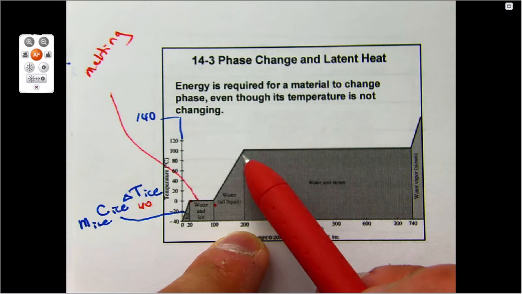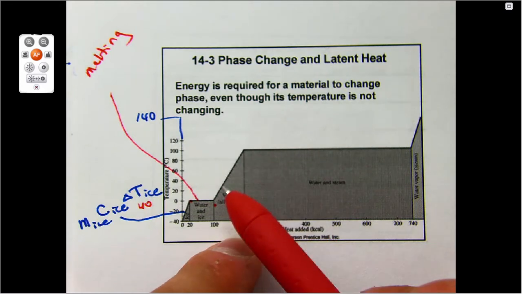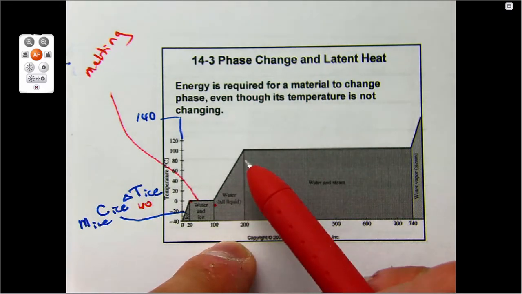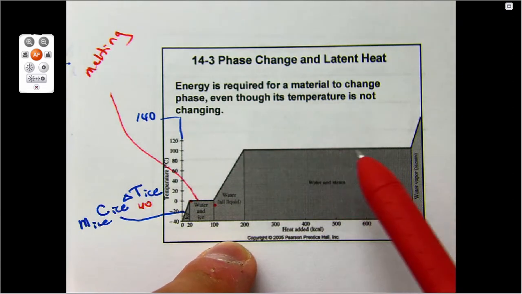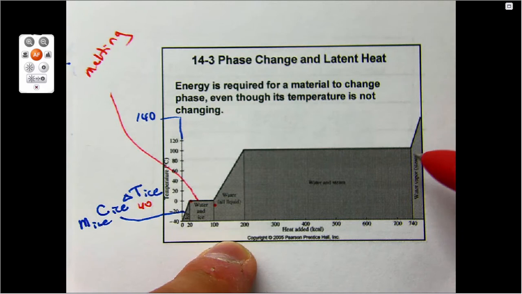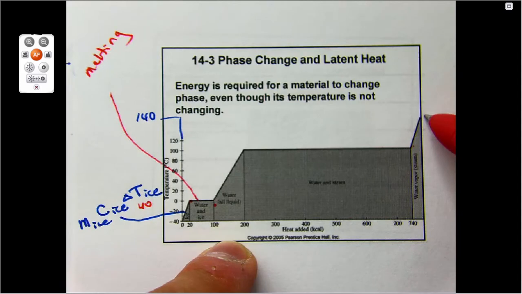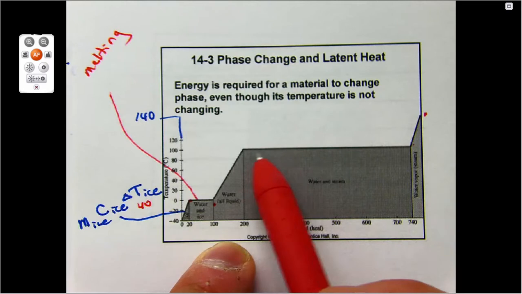This is at 100. So this is getting liquid water up to 100. This is taking all of that liquid water and converting it to a gas or steam at 100. Then we can heat up our steam, can't we? And notice this is flat.